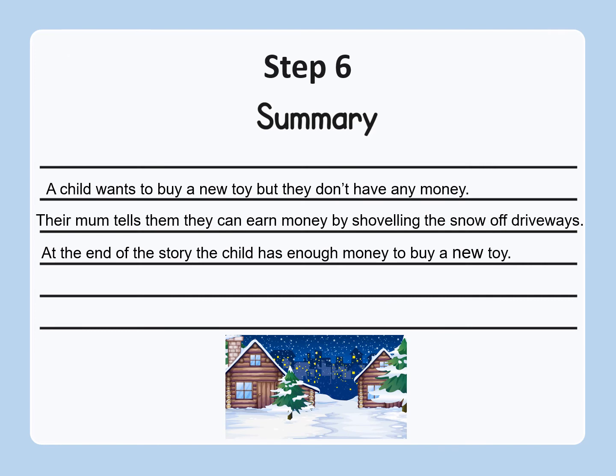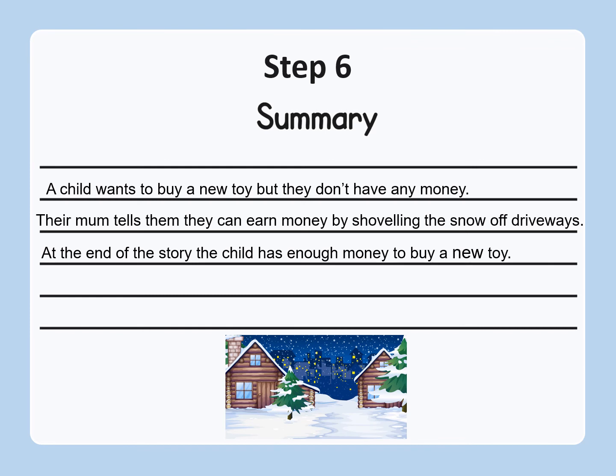Step 6. This is where we're going to be writing our summary. So we need to be using the questions that we've just looked at and the information from those to write our summary. So we only need to write about 2 or 3 sentences, but we need to make sure they include all the important information.